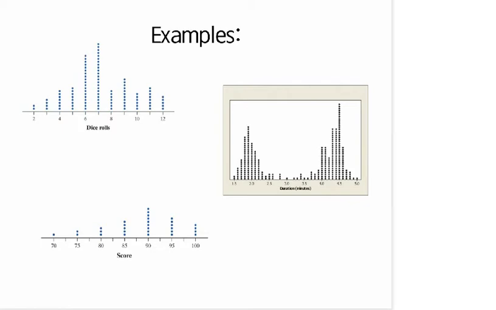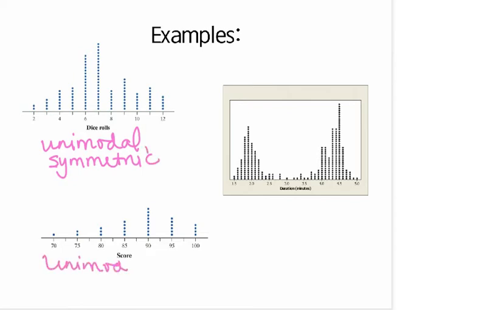We have one big mode, and I would call this unimodal. This one is also unimodal, and this is really kind of unimodal symmetric because it's very similar. This would be unimodal, and this is skewed, and you don't always have to write unimodal out there. Skewed, and notice my tail is longer on this side, so skewed left. And this one's clearly bimodal.